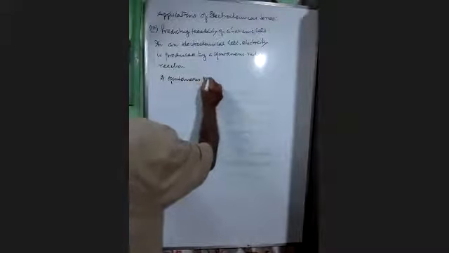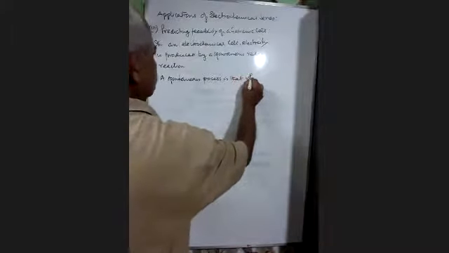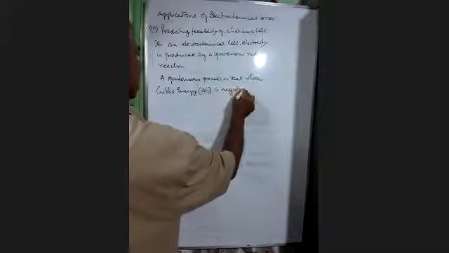A spontaneous process is one that gives energy, where delta G is negative. Okay, now we know.